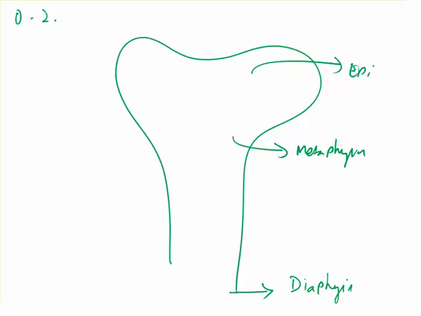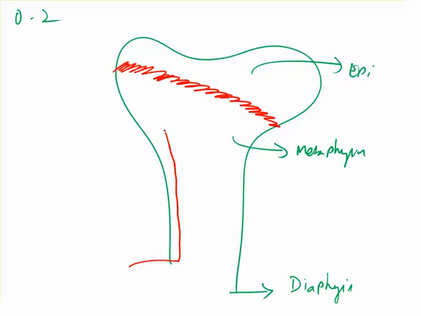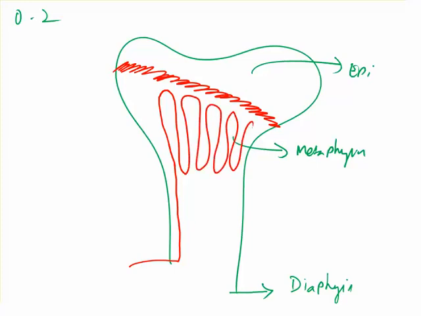Now consider this is 0 to 2 years. What will happen? Let us draw the blood vessel. The blood vessel enters, then goes up. There will be growth plate, right? And now the blood vessels go to the metaphysis and take U-shaped turns, right?